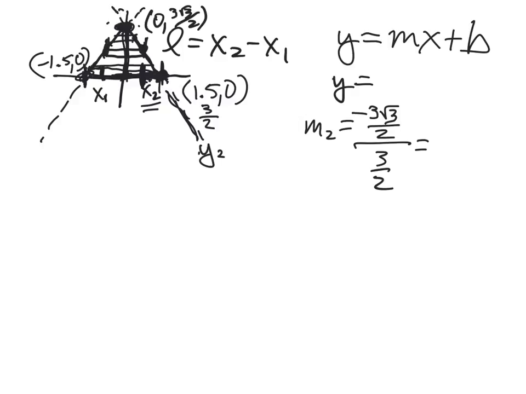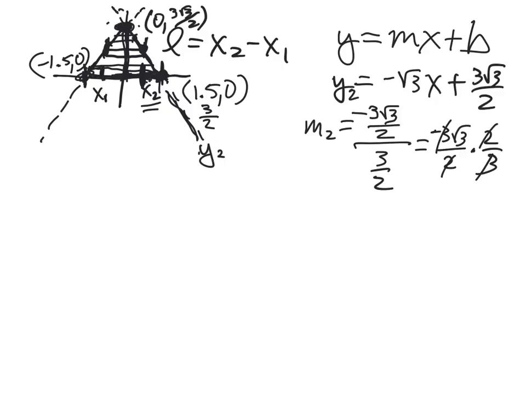We go over 3/2. So invert and multiply, and it actually turns out to be quite nice. Negative square root of 3 is the slope of that one. Not your nicest line for an equation, but it's not too bad. It could be worse.